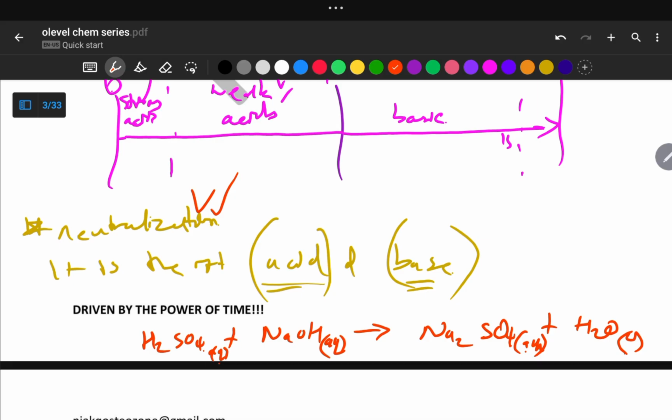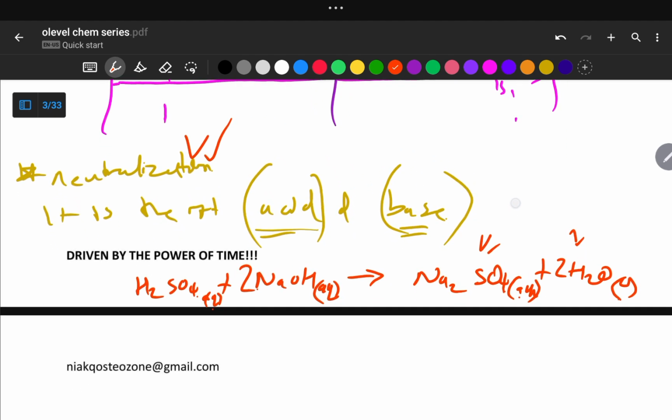So this is what you should understand. And to balance this equation, we need to have a 2 here, and also a 2 there. And now the equation is balanced. Are we together? So this is what you call the neutralization reaction. This one is our salt, and this one is the water.